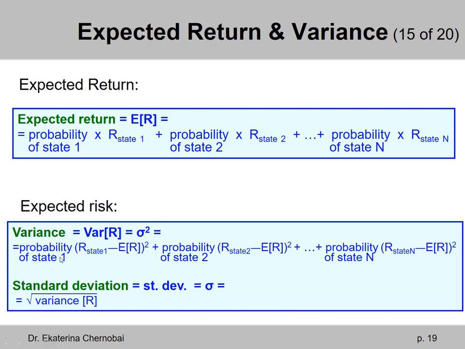The formula is similar to the expected return formula, except where you would multiply by the return to find the expected return, now for the variance, you would be multiplying by the squared difference between the return in that state and the expected return. So it's the expected squared deviation from the expected return.